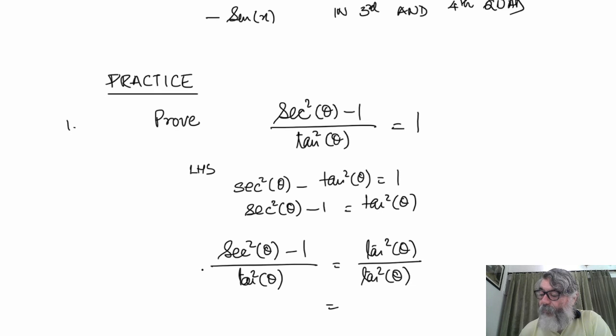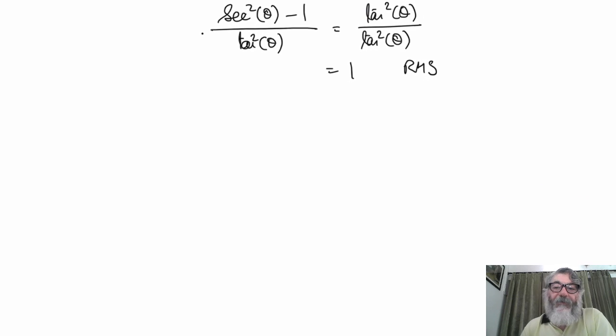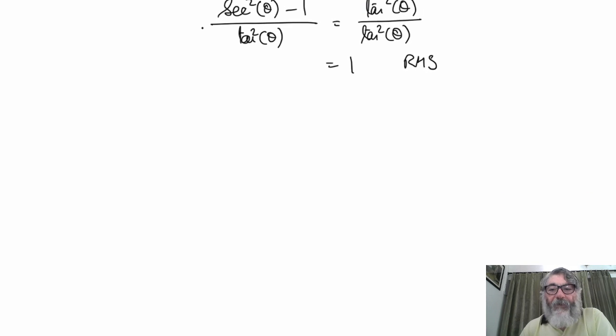It will be equal to 1, which is right hand side. So left hand side is equal to right hand side. In trigonometry, we'll be doing this only. Wherever the proof will be there, we will pick up one of the sides. Generally, we'll pick up the left hand side, but it depends upon which side is more complicated.